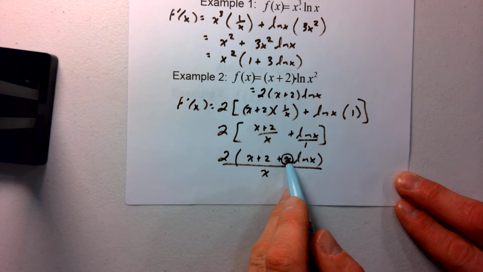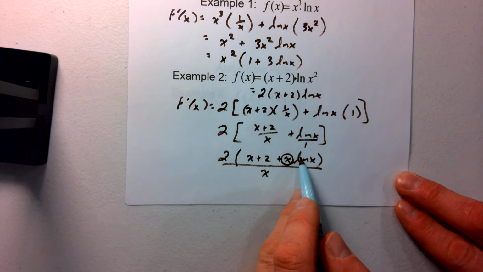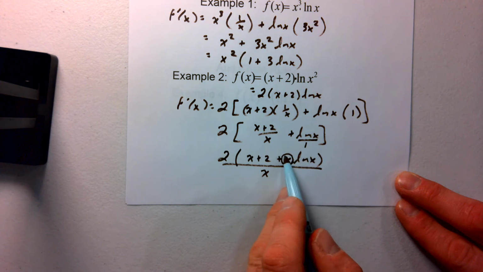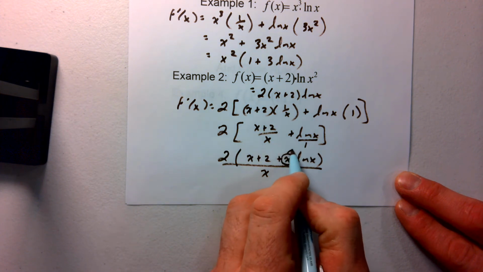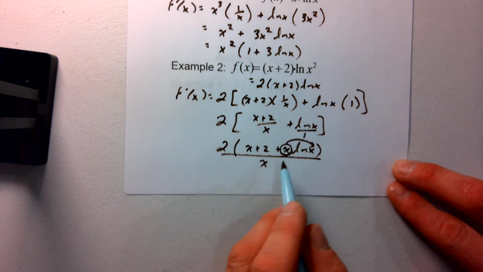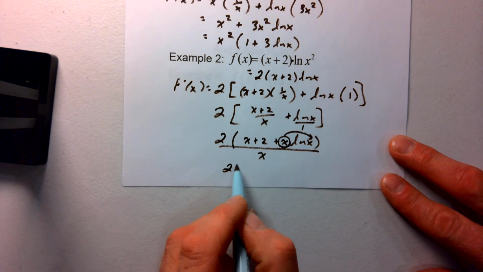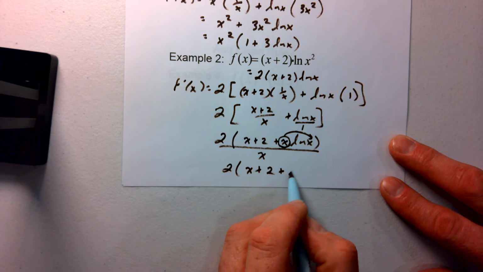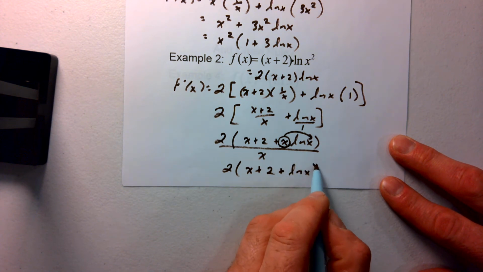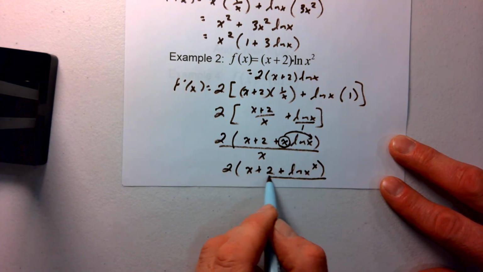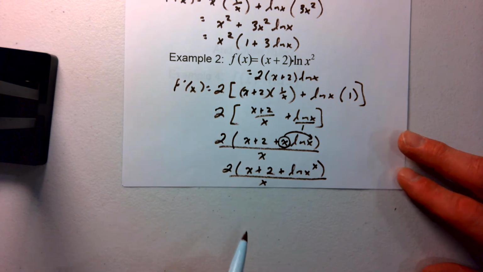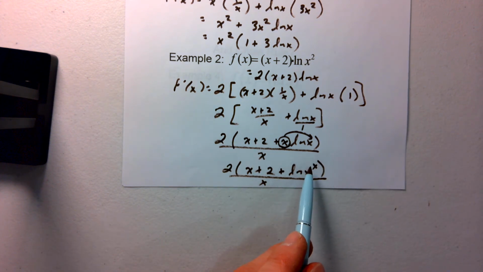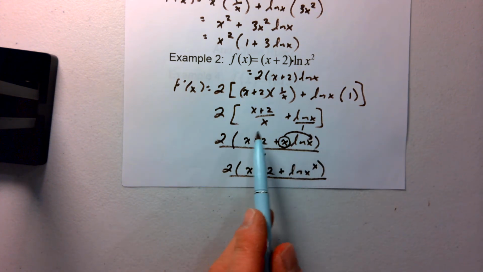Remember, if this was a number, if it's anything being multiplied to a natural log, this we can write in the exponent up here. So this answer could be written as 2 times the quantity of x plus 2 plus the natural log of x to the x power, all over x. Do we normally see it that way? No, we'll normally see it in this fashion up here.